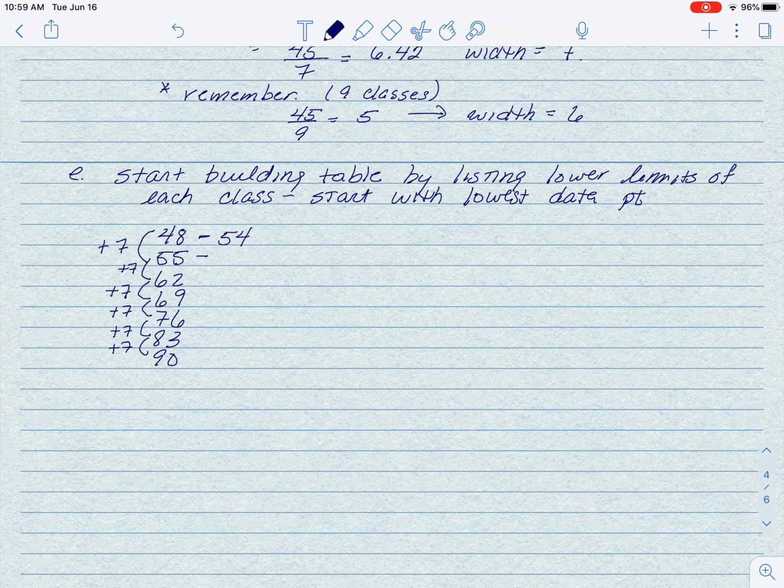Or you can always say it's 1 less than the next lower limit. We don't want them to overlap, so we always have to go smaller. 68, 75, 82, 89, and each time we went up 6, so this last one is 96. Okay, so these are our class limits.